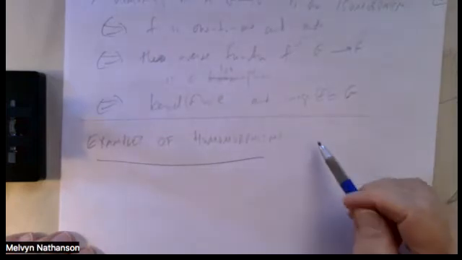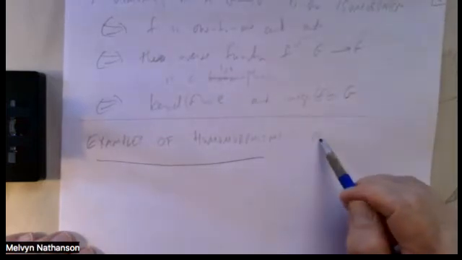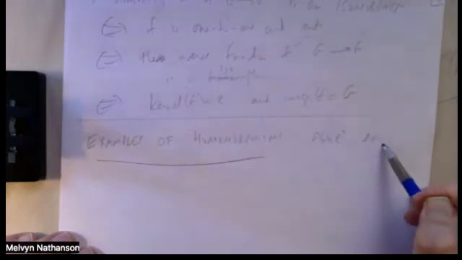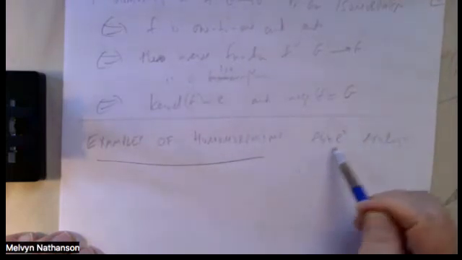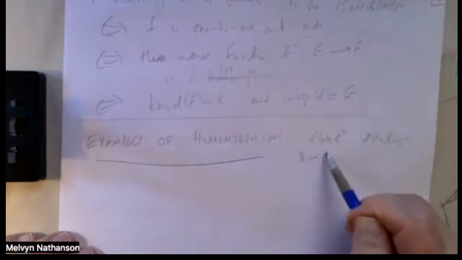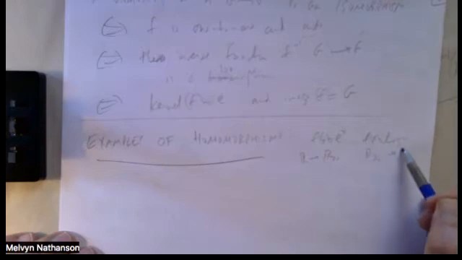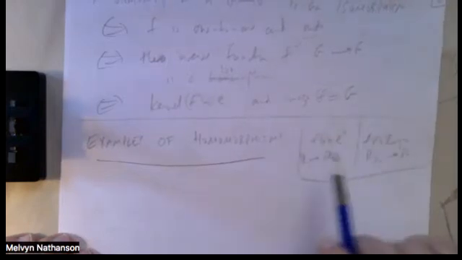Well, I already gave the function f of x equals e to the x and f of x equals log x. This was from R to R positive, and this is from R positive to R. Those were two examples.